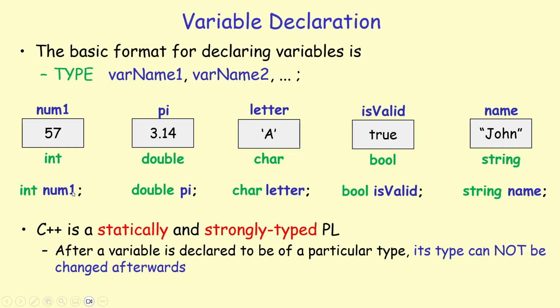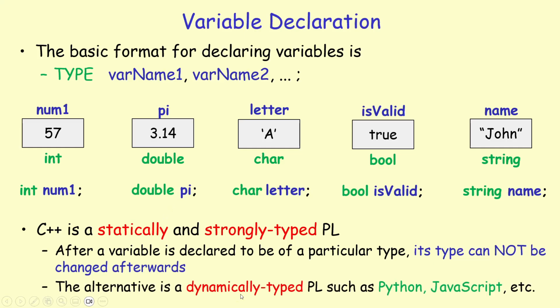Let's say you would like to redeclare num1 to be of type double later on. The compiler is not going to let you do it. But the alternative is a dynamically typed programming language exemplified by Python and JavaScript, where you could, for example, assign an integer value to num1, and later on you could change it.